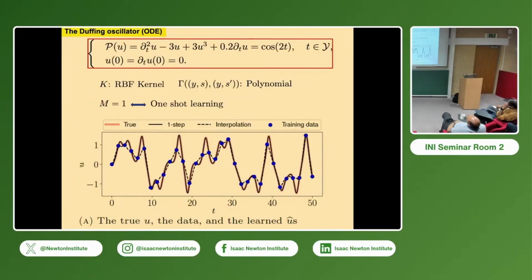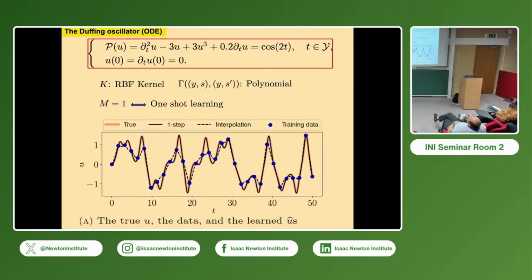First example, we're going to consider the Duffing oscillator, which is the following ODE. We are going to take an RBF kernel, like a Gaussian kernel, for K. And for gamma, we're going to pick a polynomial kernel, which makes sense because this is a polynomial. We are only going to observe one source-solution pair, so we're doing one-shot learning. This plot shows the true solution versus time in red, and the training data as blue dots.